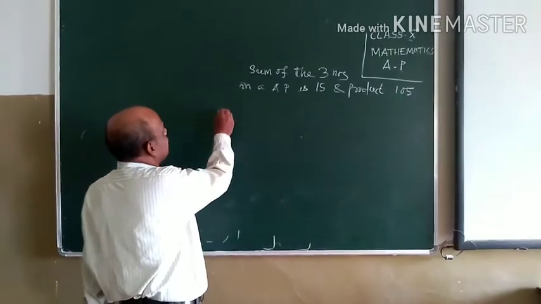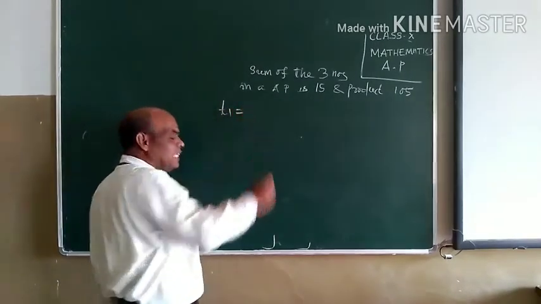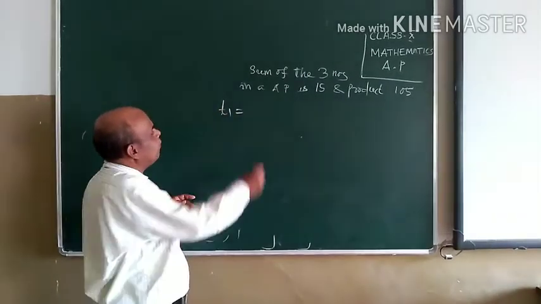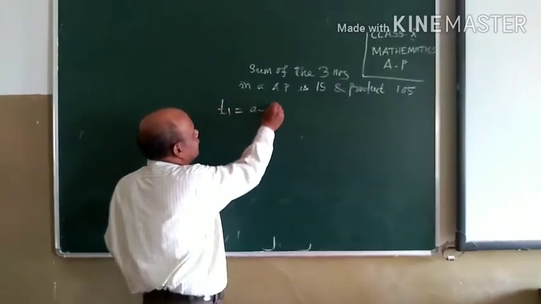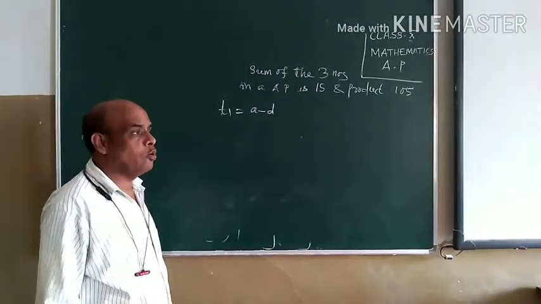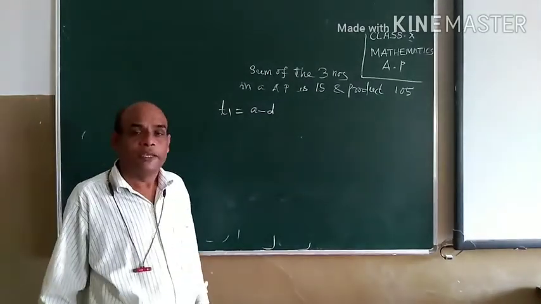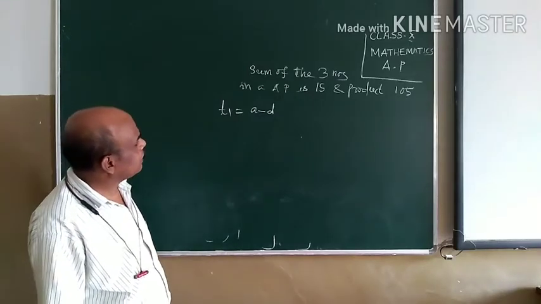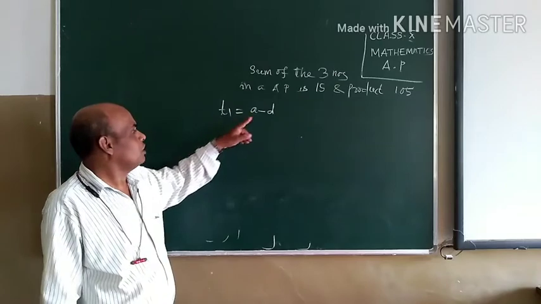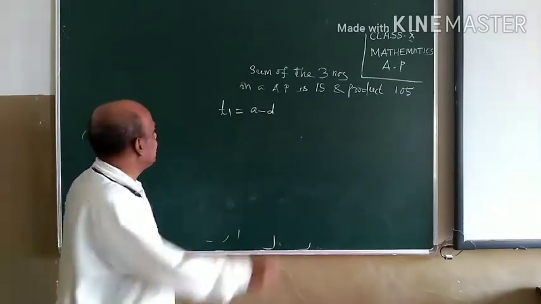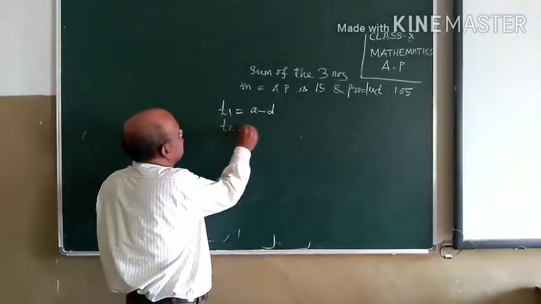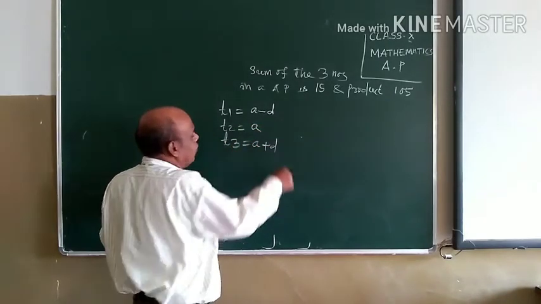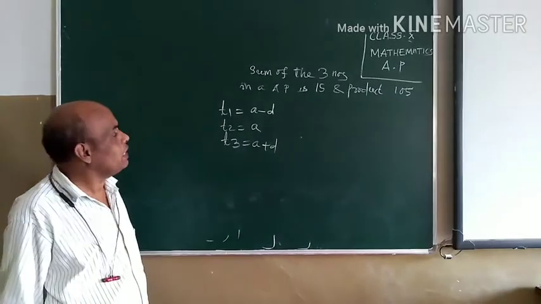In this case, it will be convenient, it will be easy for you if you consider the first term is a minus d. Remember, we are always taking the first term as a, but in this case, when the sum is given and the product is given, if we consider the first term a minus d, second term a, and third term a plus d, then we can solve very easily.